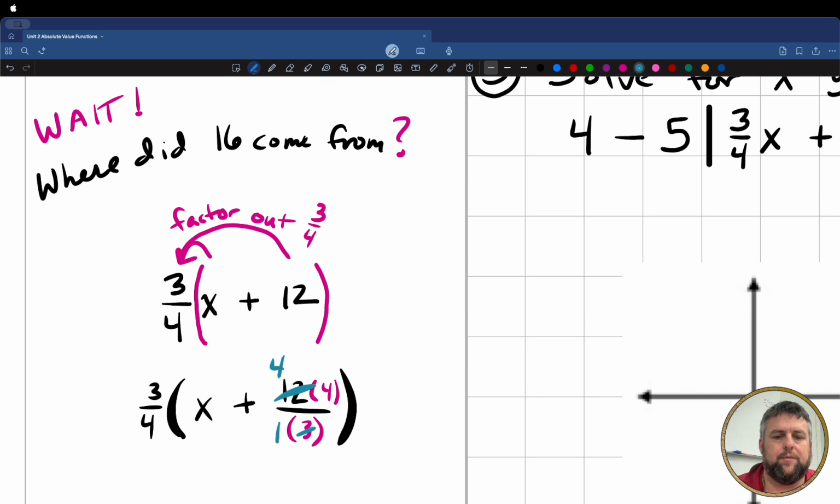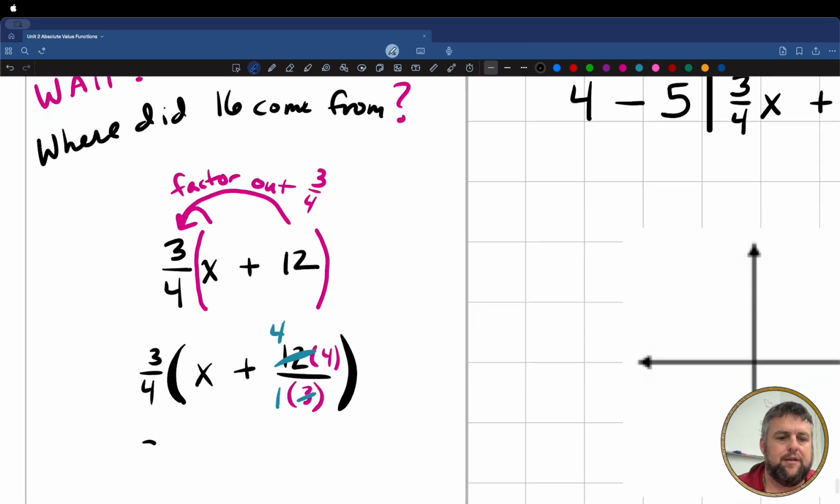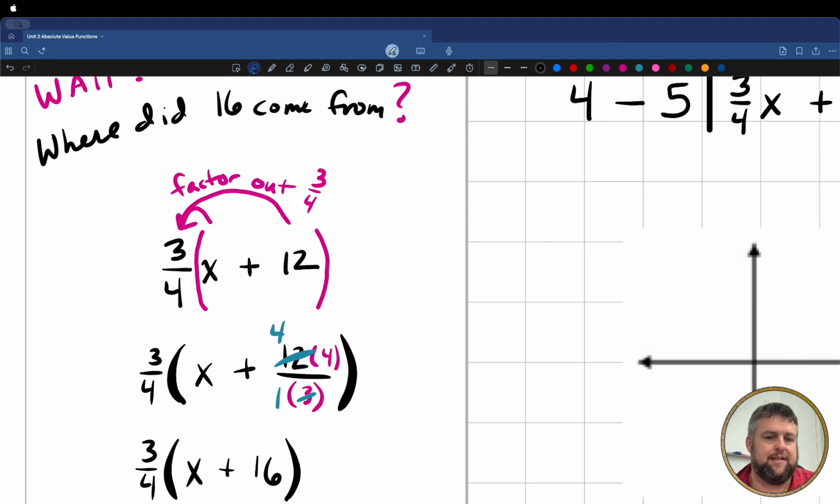And then you're left with 4 times 4, which gives us the final modified part on the inside of the absolute value: 3/4 of x plus 16. And that's where the 16 actually came from. We had to factor out the 3/4 to really see where the vertex is at. It's not at 12 for the x value, it's at positive 16.